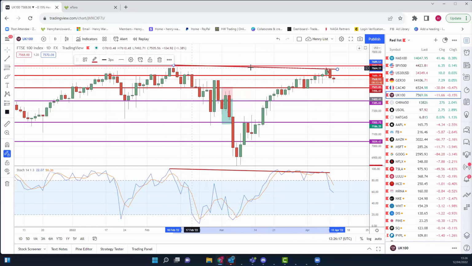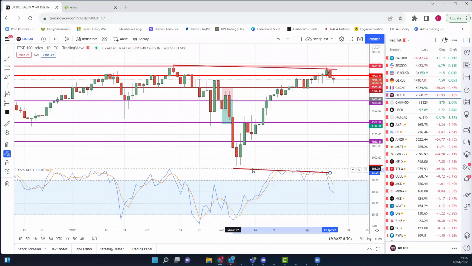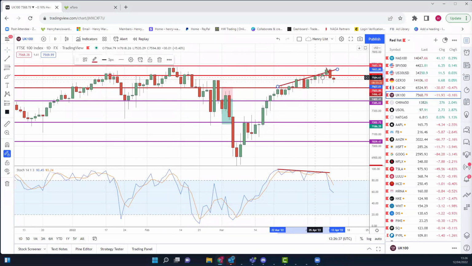It's confirming that that's a lower low. Now, what most people will do is they will look at this here, and then they will do this. Now, is that divergence?